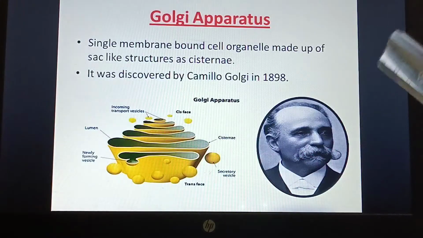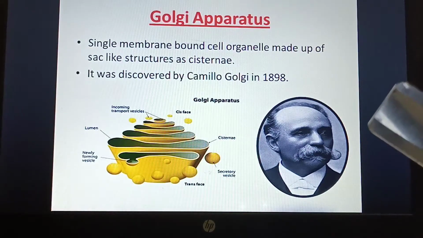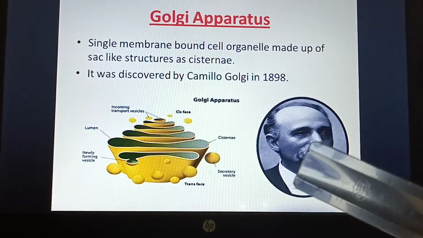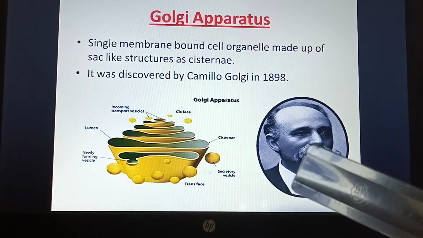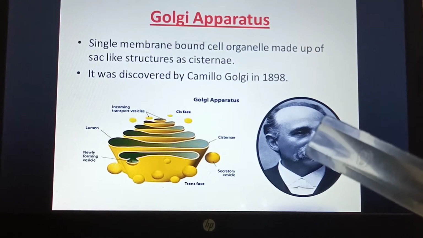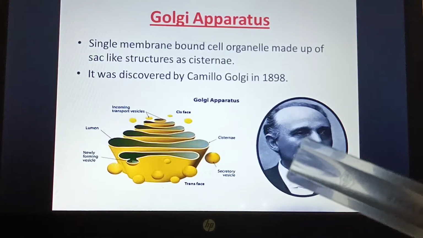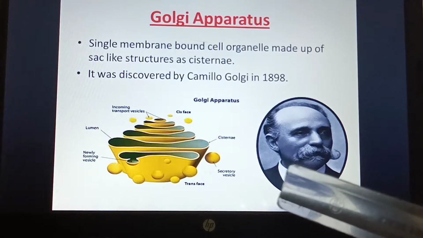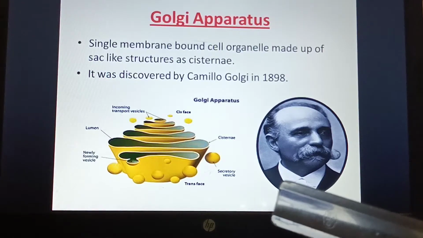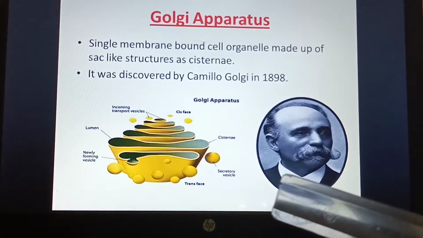Next, we'll move on to the other organelle, Golgi apparatus. Now, this Golgi apparatus was discovered by Camillo Golgi in 1898. In the cell, the Golgi apparatus is like a magic box because it modifies the substances.